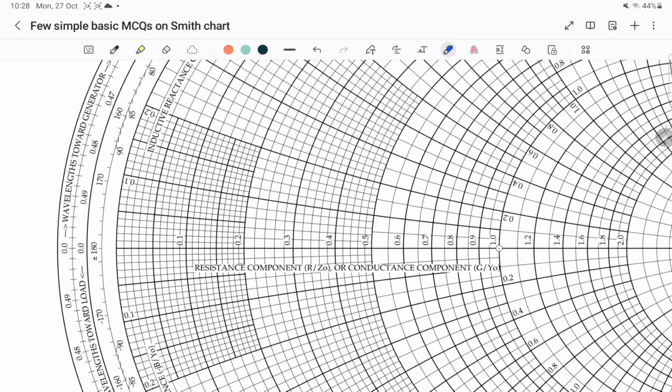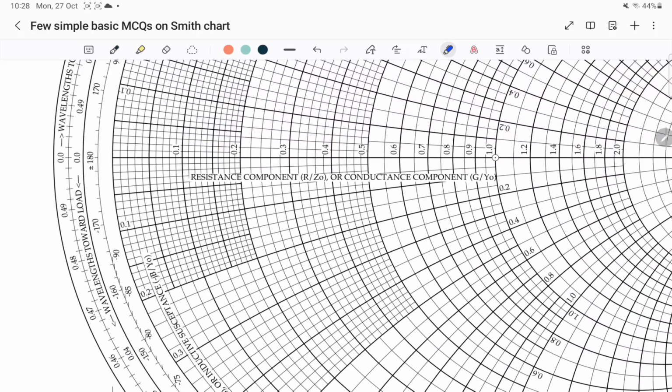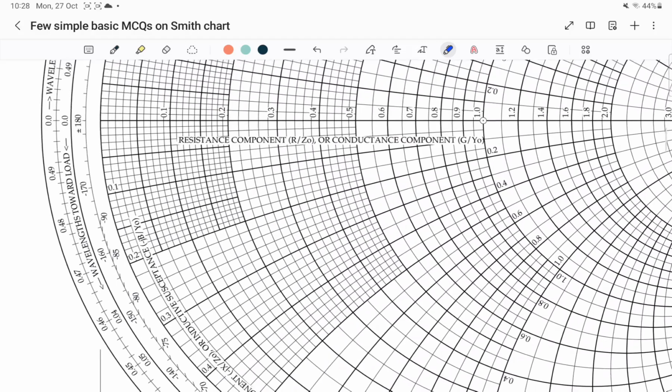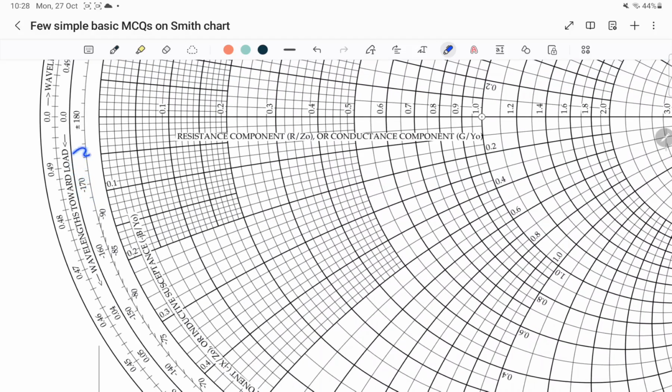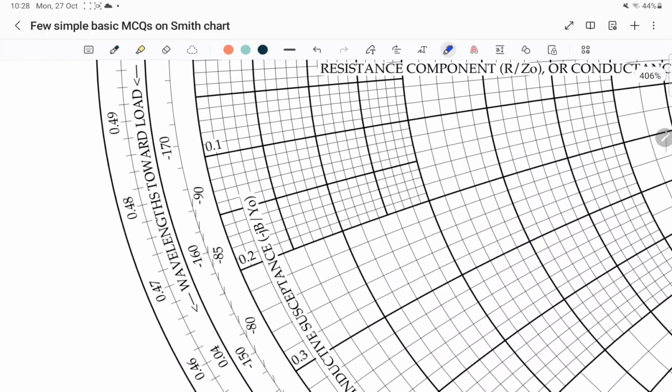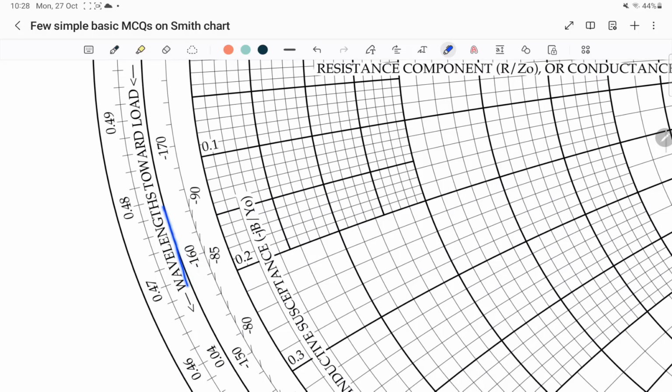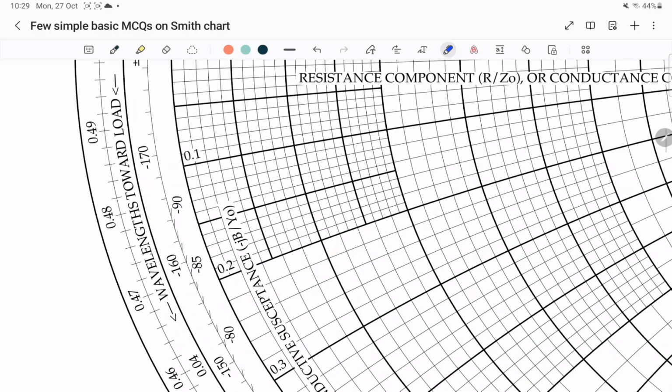Similarly, the next set of measurement scale says wavelength towards load. Let me zoom it. Wavelength toward load, and there is an arrow given which is in the counterclockwise direction.